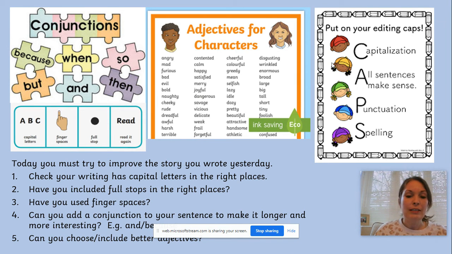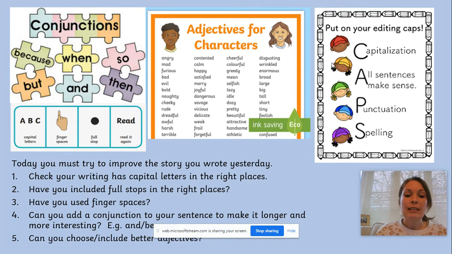Check your work, see if you've used some adjectives, or notice a place where you could use one and you didn't. And I've got some adjectives on my screen here. You don't have to use those, they're just to remind you what they are, that they're describing words.